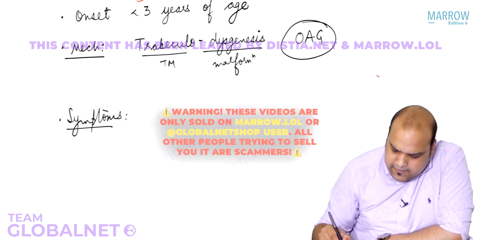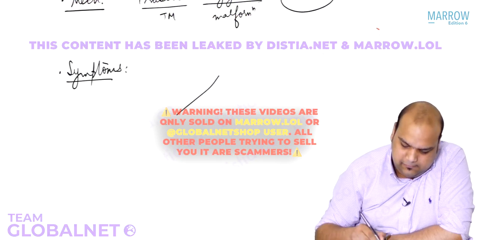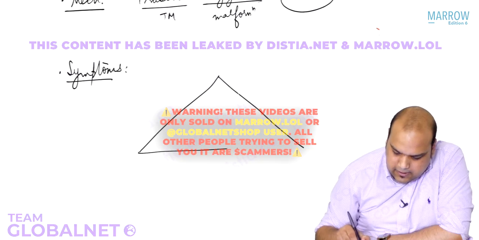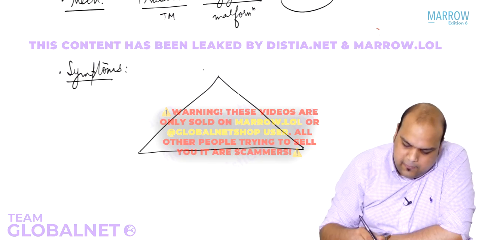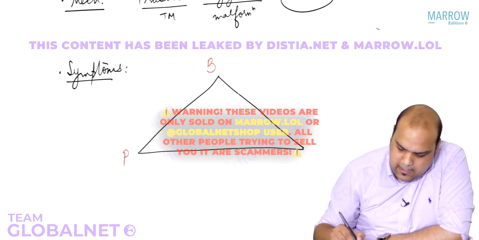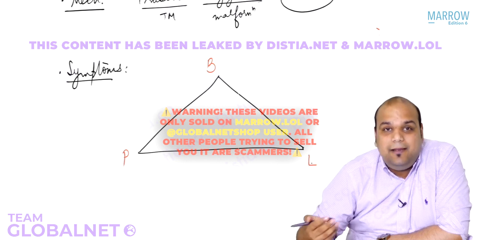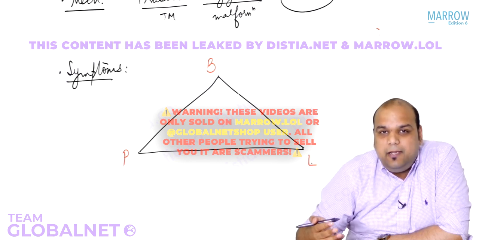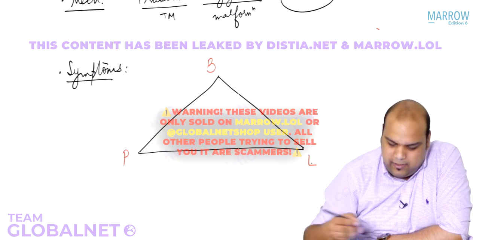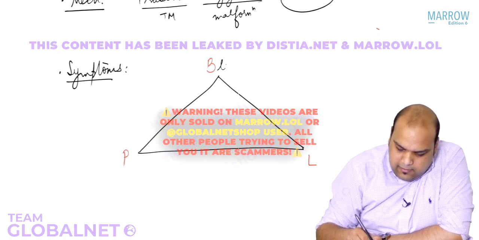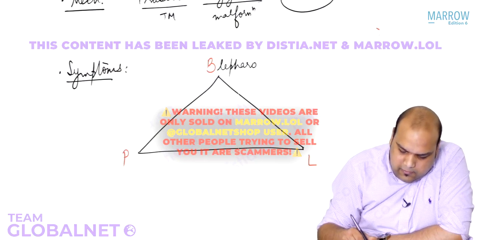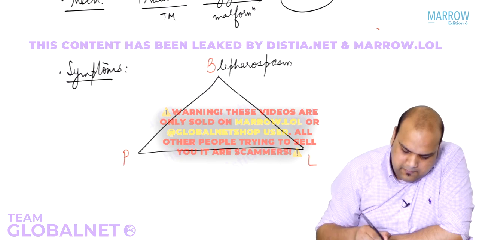Now, after we know the mechanism, what are the symptoms, everybody? So the symptoms we say is a triad. It's a triad. 3 symptoms occur together. Can be remembered by the mnemonic BPL. BPL is an electronics company, everybody, or below poverty line, BPL. Okay. B for blepharospasm.